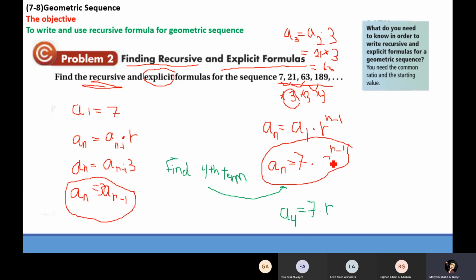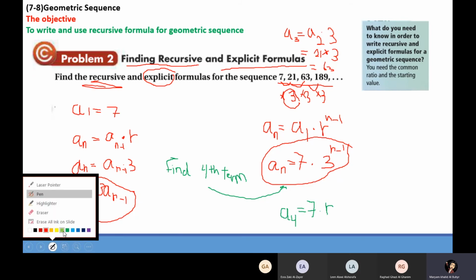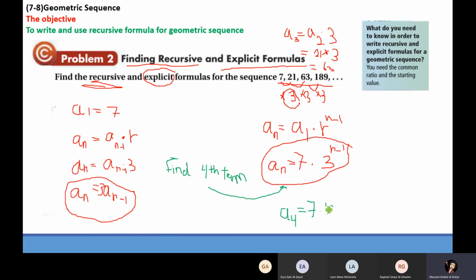So it's 3 to the power. This is the general form. Then I need to write 3 to the power. What is the power here? The thing that I will change here, n, which is 4. 4 minus 1. I'm going to substitute this. So that will be 7 times 3 to the power 3.